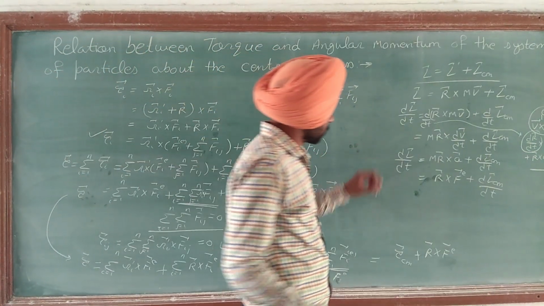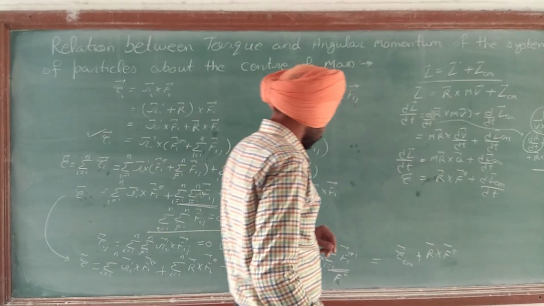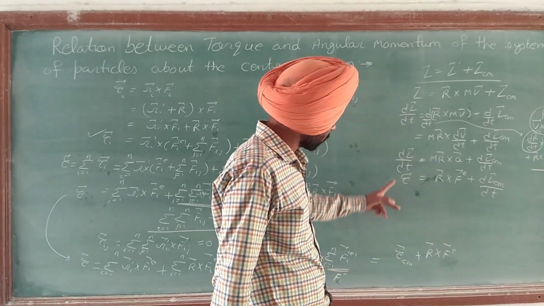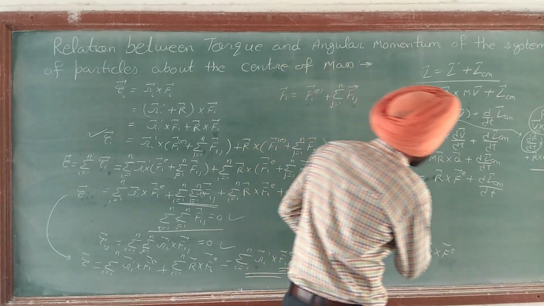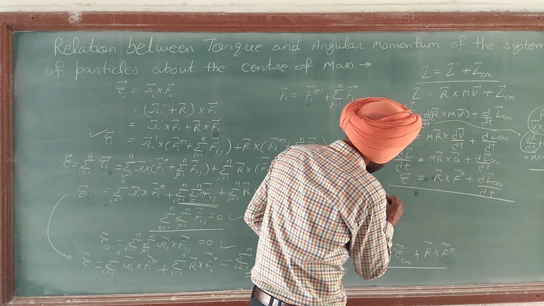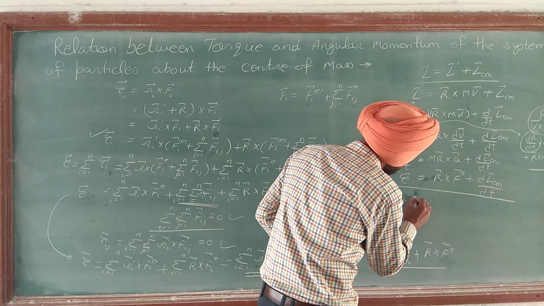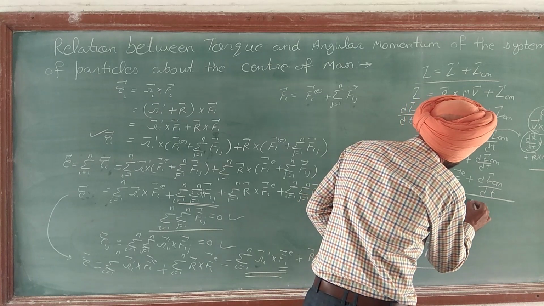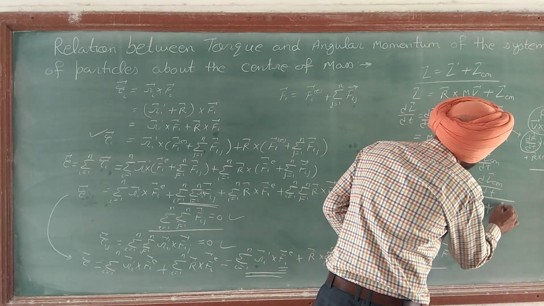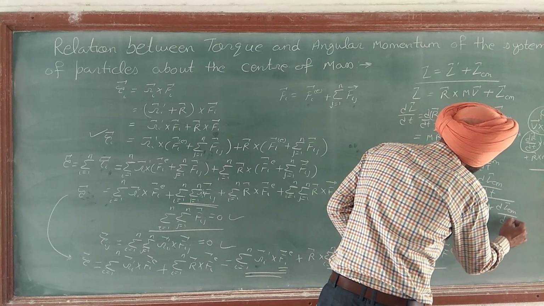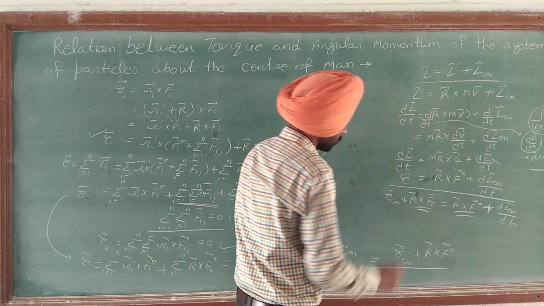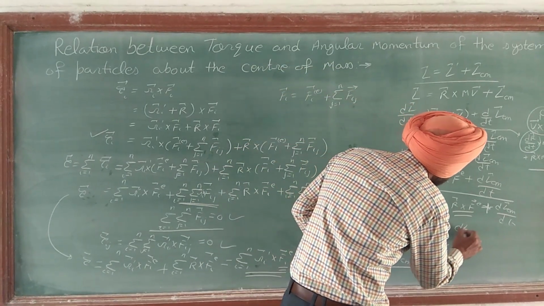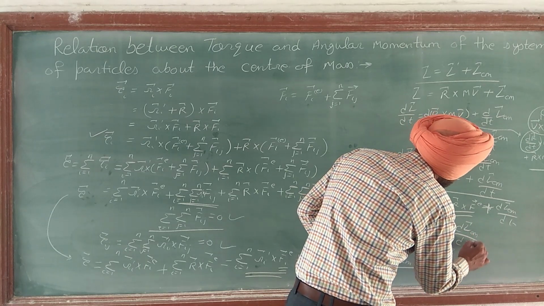Now this dL by dt is torque, we know, and this torque is tau Cm plus R cross F. If we compare these two equations, we have tau Cm plus R cross Fe equal to R cross Fe plus dLCM upon dt. So these two terms are the same on both sides. Finally, we have tau Cm equal to dLCM upon dt.